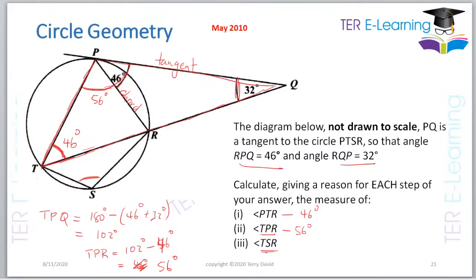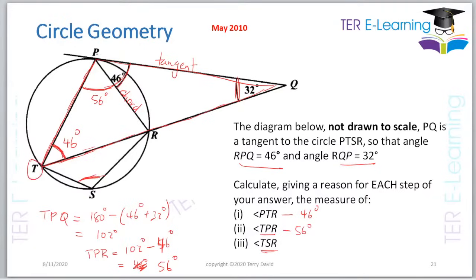So TSR is this angle here. How do you get 90 degrees? So if you look carefully, look at something here.